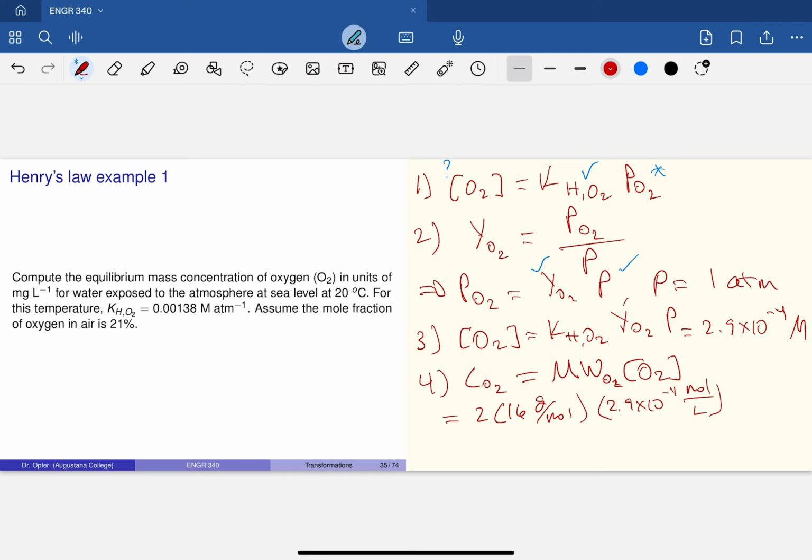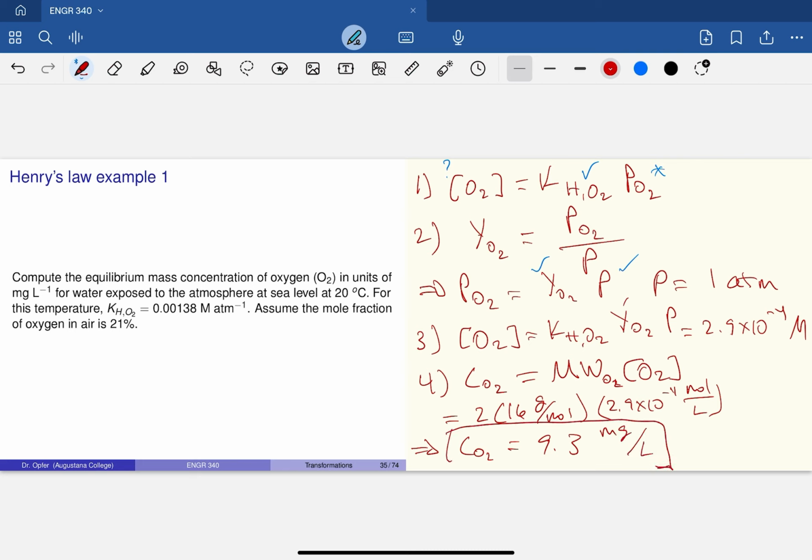So this gives us the concentration in grams per liter, but we need to convert grams to milligrams. And then if you do that, you'll get the final concentration is equal to about 9.3 milligrams per liter.